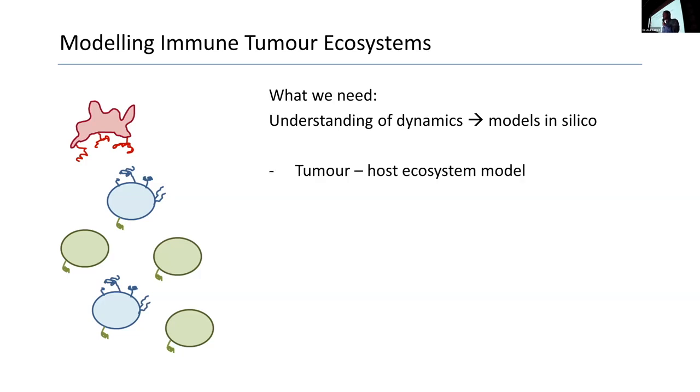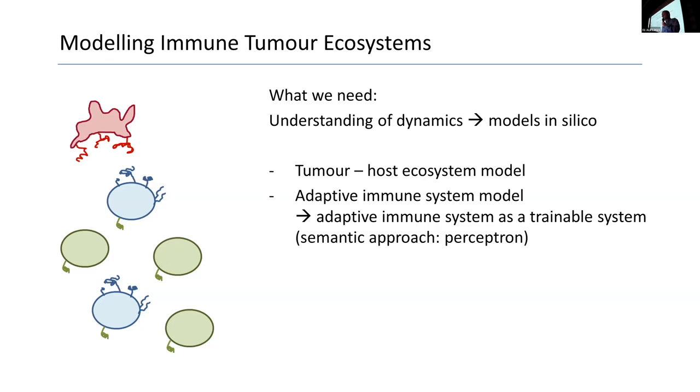So to model such a system in silico, we need a tumor host ecosystem. This is not rocket science. This is straightforward. There are well-known approaches to do ecosystem modeling. So that's not difficult. Even the radiation biological modeling can be implemented more or less easily.